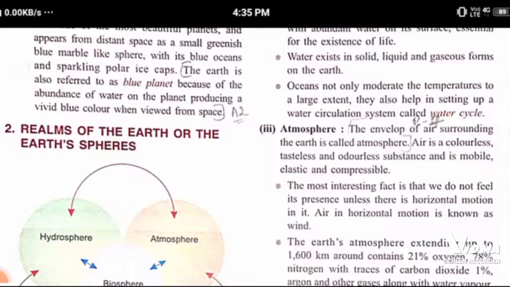Air in horizontal motion is known as wind. Most of the time it is said that wind is coming; it is nothing but air coming in horizontal motion.